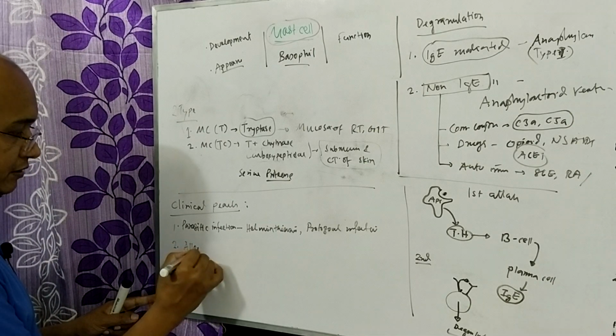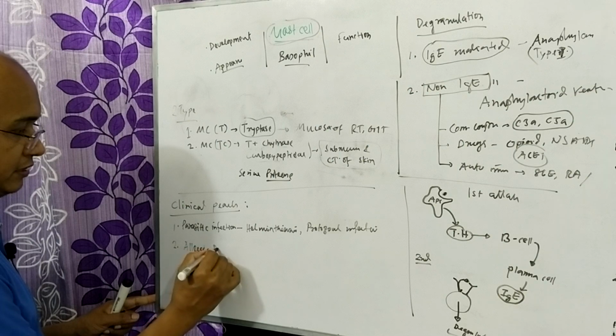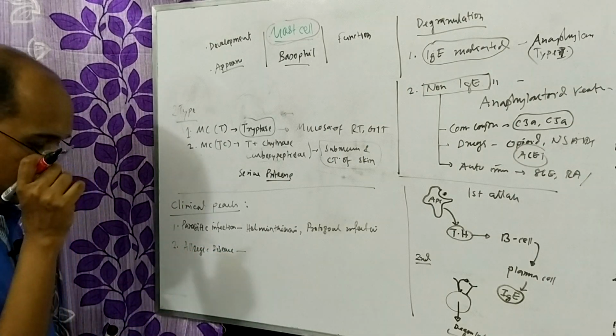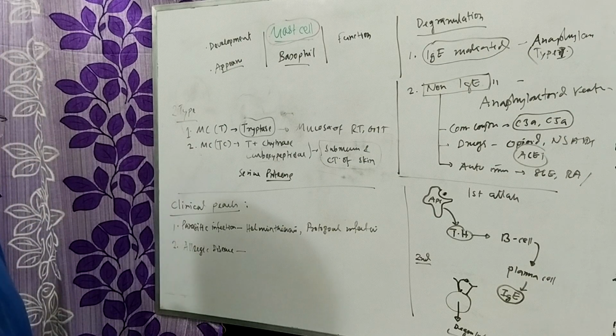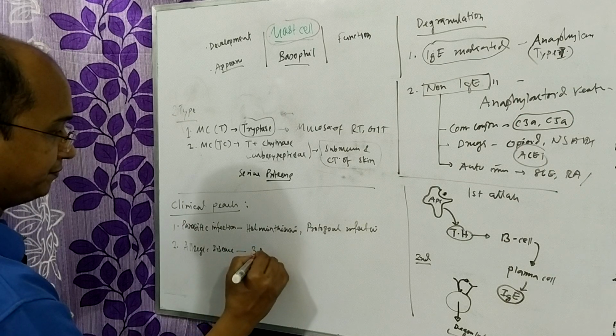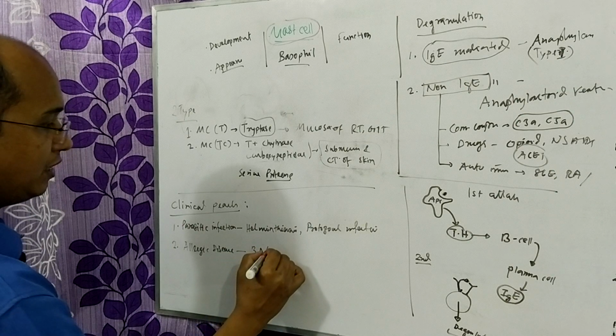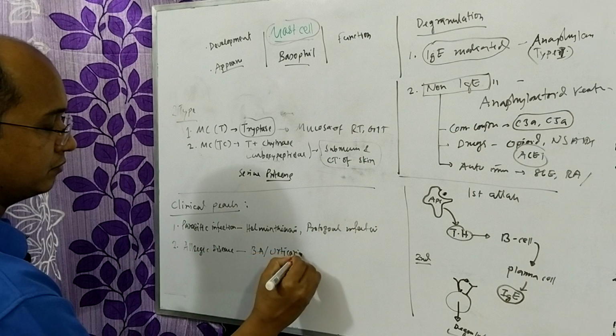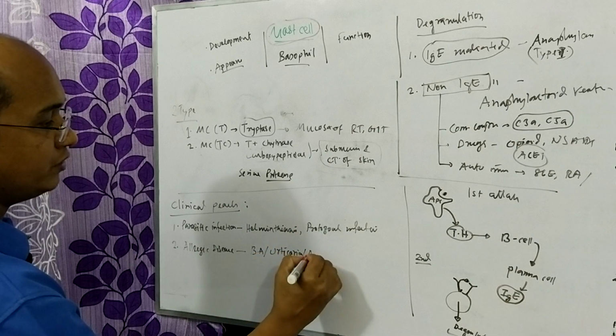allergic disease. As we know, there are so many diseases related with mast cell degranulation. The number one, asthma, that is bronchial asthma. Then urticaria. Then angioedema.